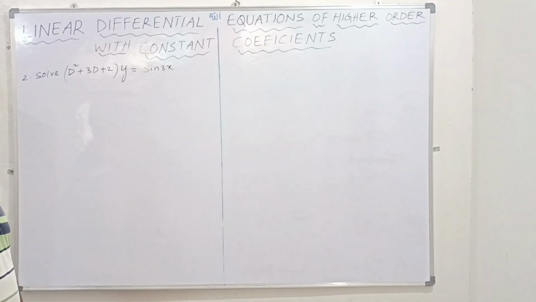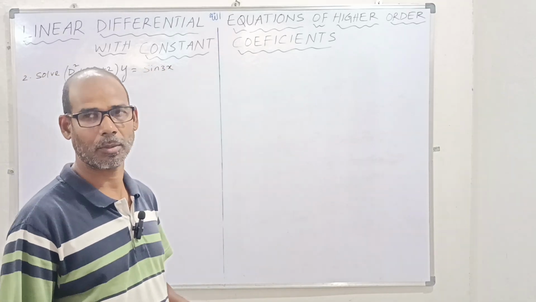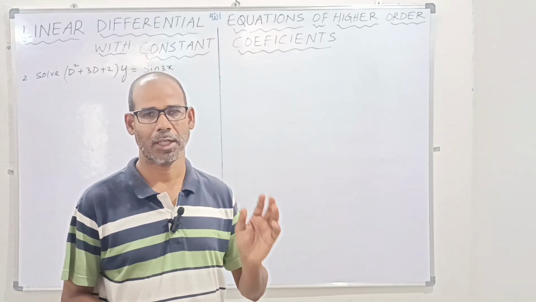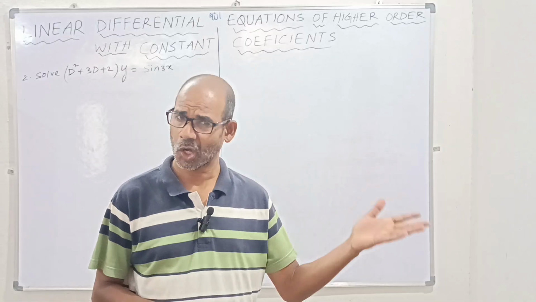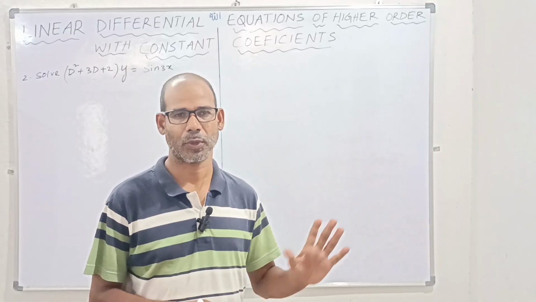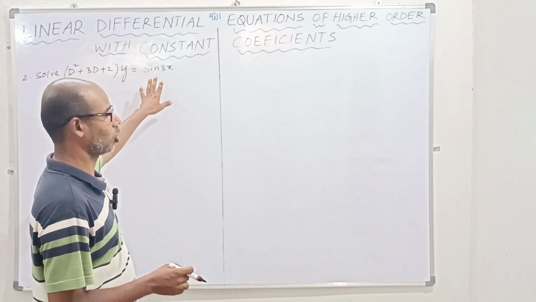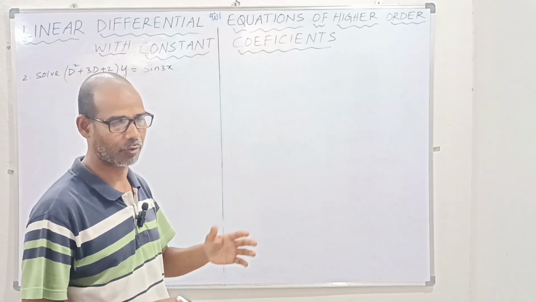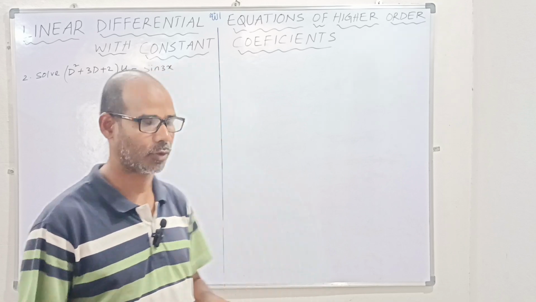Now you see what is the difference between the previous problem and this problem. In the previous problem, we have the right hand side function as a hyperbolic function or exponential function. Okay. So here we have trigonometric function. So when the right hand side function is trigonometric function, we follow another procedure. So that we will do it.